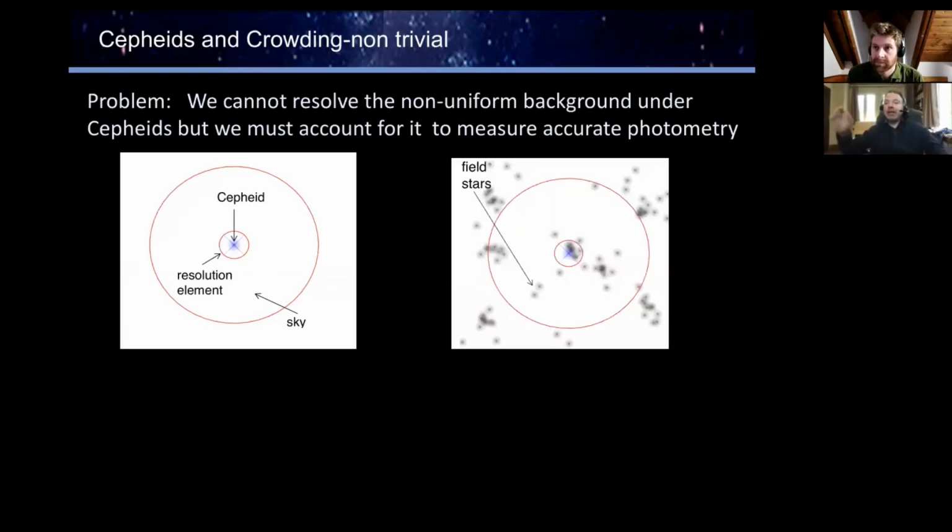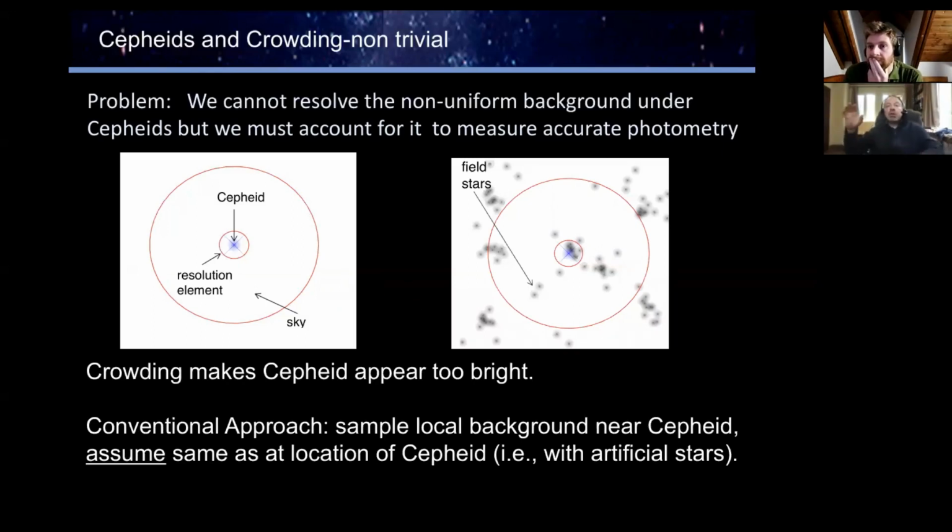Here's reality. Reality is there are other stars in the field of view, other field stars, and sometimes those stars will land in the same resolution element as the Cepheid, and that's what we call crowding. And as you might imagine, how do you figure out how much crowding there is? Well, you can do this statistically. You basically sample the local background, that annulus you see in the picture on the right.